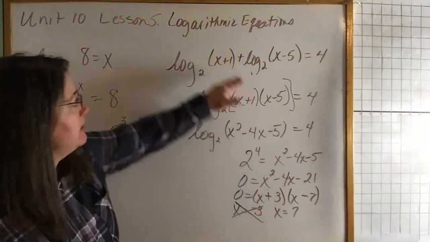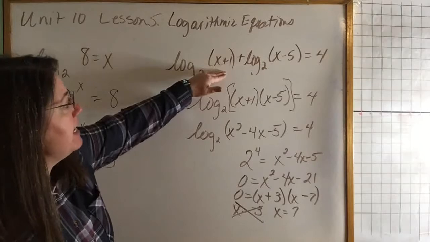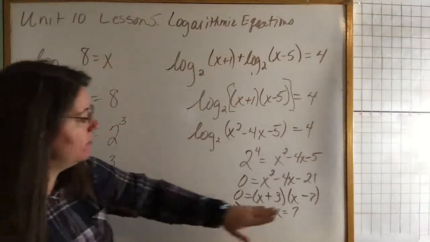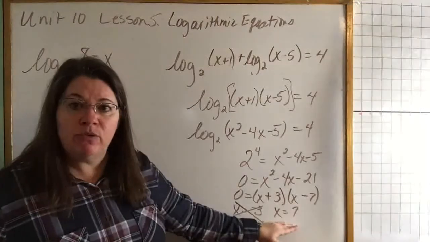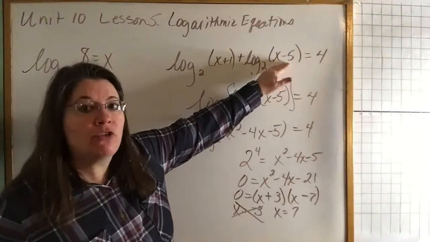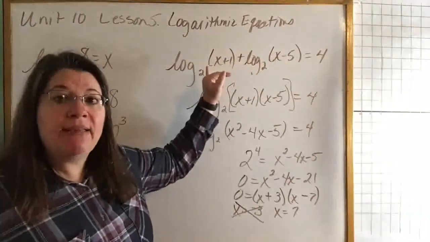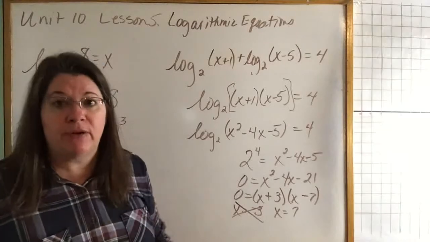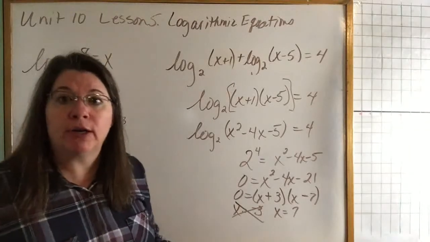If you plug in 7, 7 plus 1 is 8. 7 minus 5 is 2. Those both end up being positive, so we can keep the x equals 7. Now, this negative 3, if we had plugged it in here, it would also be negative. If one of them is negative and the other ends up being positive, you still have to throw it out because if either of them are negative, it will not work.